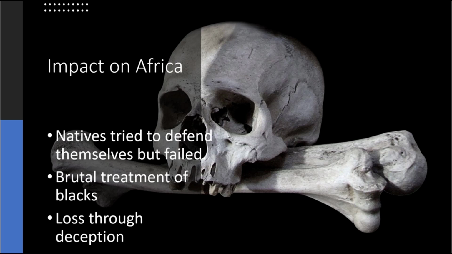Loss through the deception. There's a part in your textbook that talks about how Europeans had deceived them, where basically what would happen is that they would ask for someone to show them where gold was at, and so then they would have this discussion, and then they come back with a piece of paper that was a contract that said, well, this is the agreement we actually talked about, and the agreement is actually not what they talked about.